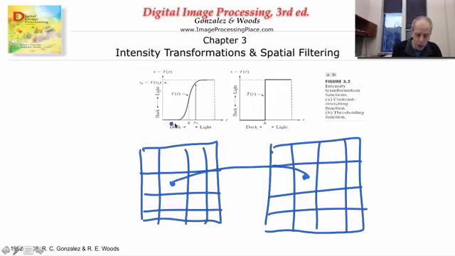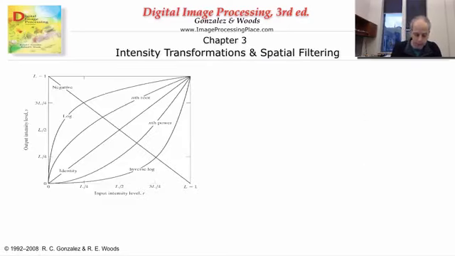So what we need to specify is this one-dimensional function that translates the input to the output. Let's just see a few examples of that. So here we see a few illustrations of these, several of these operations. Inverse, log, of course, let's start from the identity. The input is identical to the output.